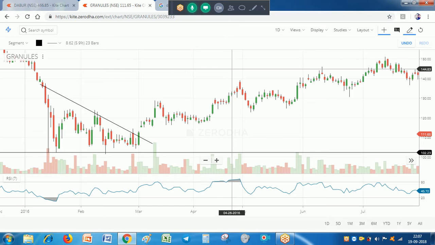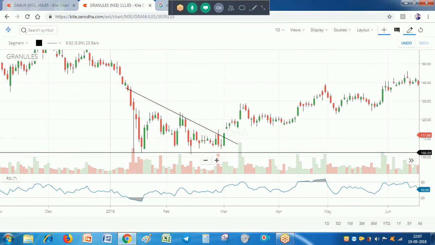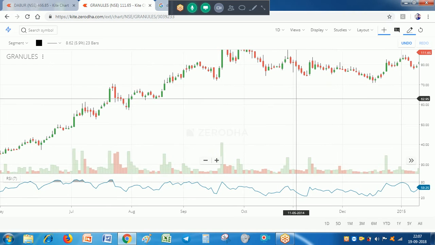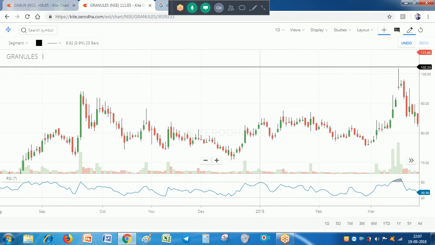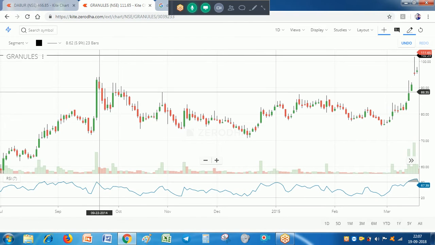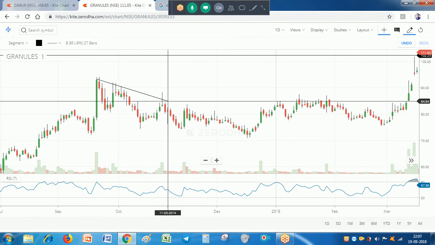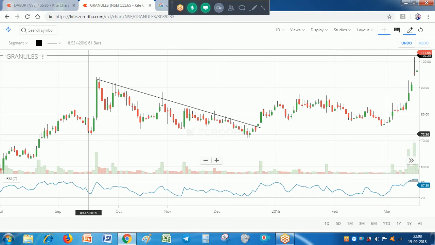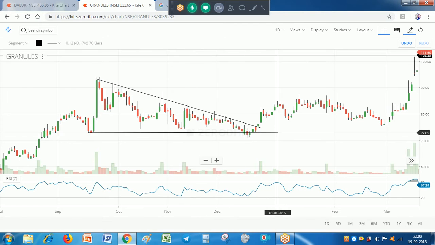Okay friends, got it? Descending triangle. I think there is one more. Yes, this is also here. So the lows are approximately equal.